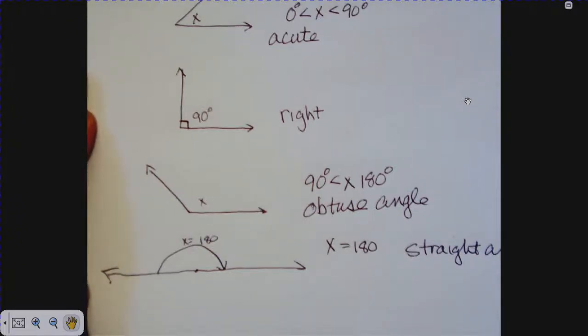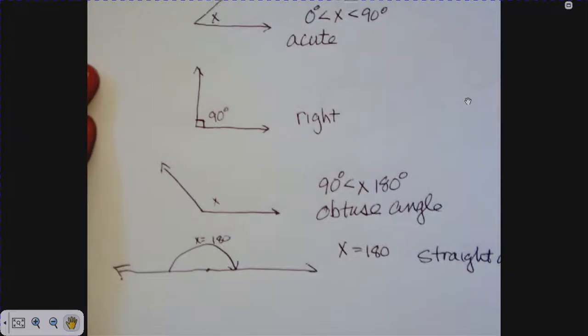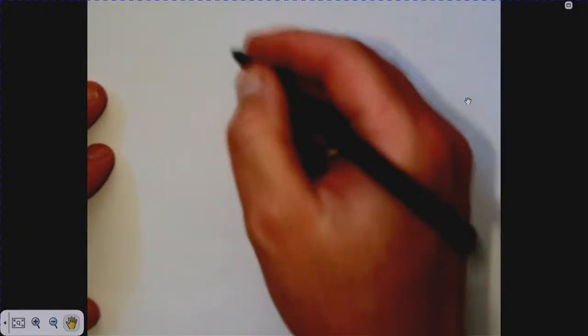Some other concepts: we have what we call congruent angles. A congruent angle simply means that the measure of one angle is the same as another.